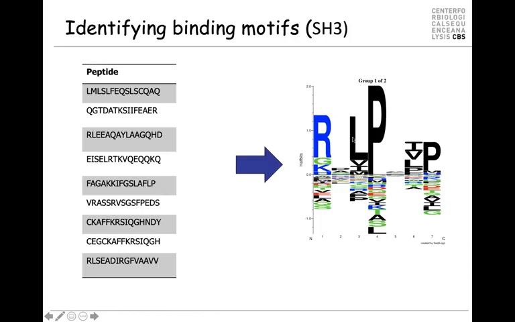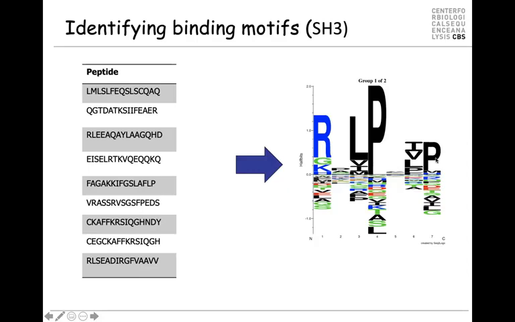So you can see that from looking at the peptides themselves, it's very hard to figure out what the patterns are that are shared between these peptides. Looking at the motif, it becomes very clear that you need to have a proline that is conserved in the middle of the peptide. Then you can have a charged amino acid two amino acids to the left of the proline, and you have a proline conserved to a lesser degree, three amino acids to the other side.